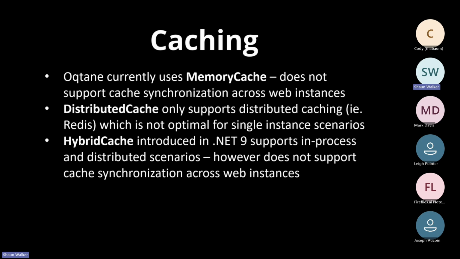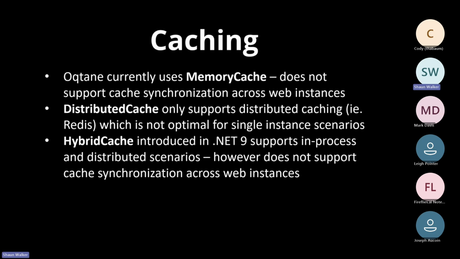Microsoft does have another feature called distributed cache, which has been around for quite a while as part of .NET Core. Distributed cache only supports distributed caching, so it doesn't support in-process caching. It only supports out-of-process caching. Of course, the most popular distributed cache is Redis.